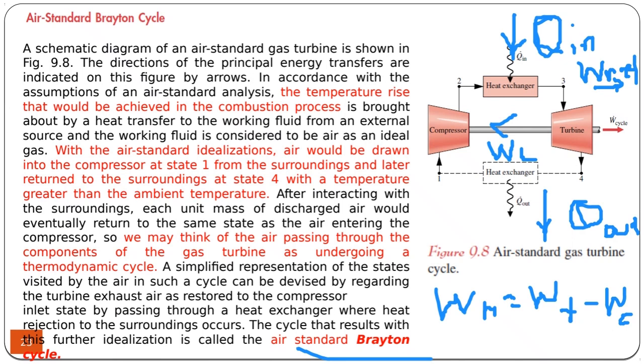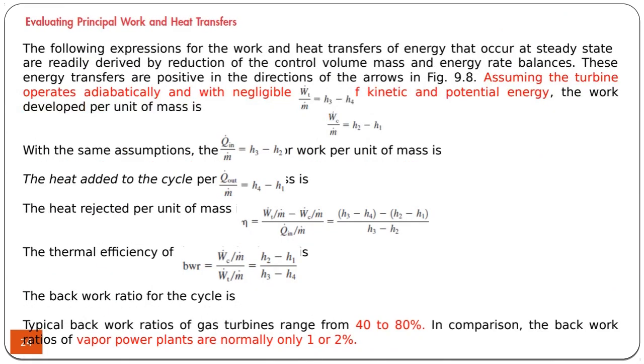Because it's an open system, remember from the vapor cycle, we always use the differences of the enthalpies to calculate the works and heat addition and heat removal. Here also, because it's an open system, we will be using only the differences of the enthalpies for work calculations and heat calculations.